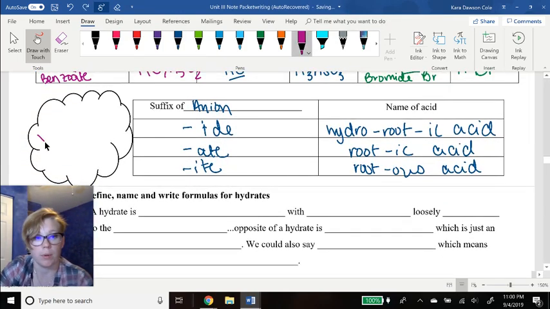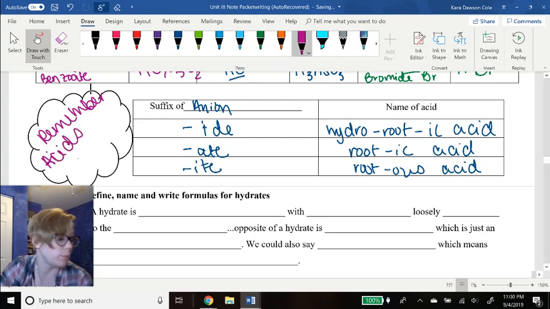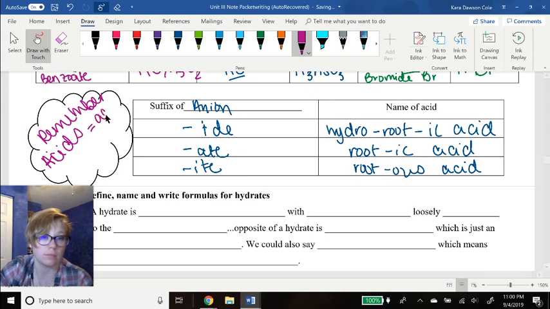So remember, in order for them to be an acid, they have to be aqueous.